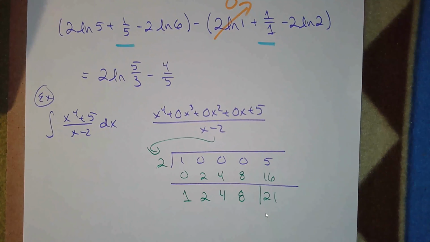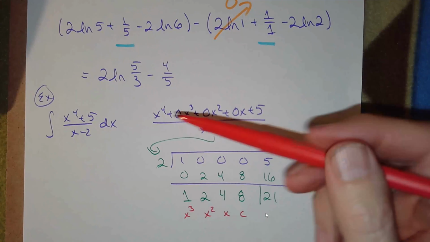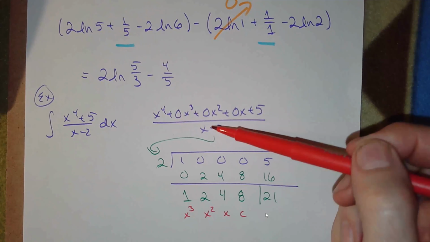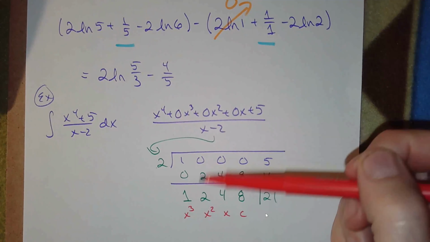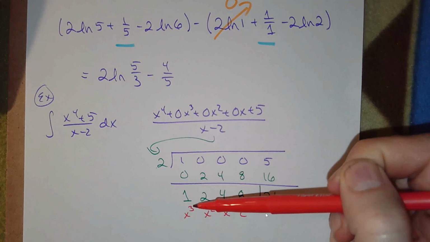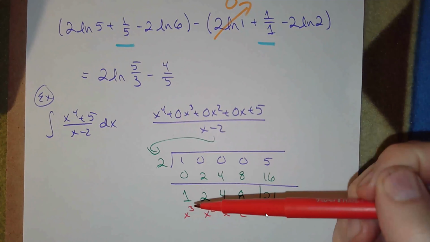Now the important thing is, well, what does all this mean? And if you don't know that, then the rest of this is worthless. This is your constant term. That's your coefficient of x squared, coefficient of x cubed. And it makes sense if you divide x to the fourth by some power of x, or some term in x, that you're going to end up with an x cubed term.